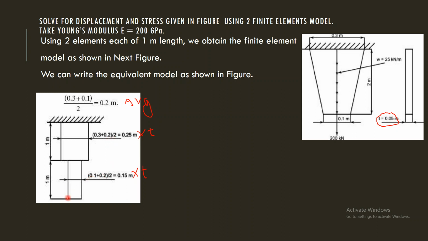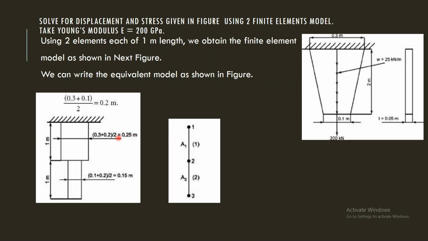Next 0.1, the second length, plus average length divided by 2 is equal to some value. If I multiply that with the thickness, I am going to get the cross-sectional area. This is how you have to convert a tapered bar into a stepped bar. So I got the average areas: area of the first bar, and then area of the second bar.